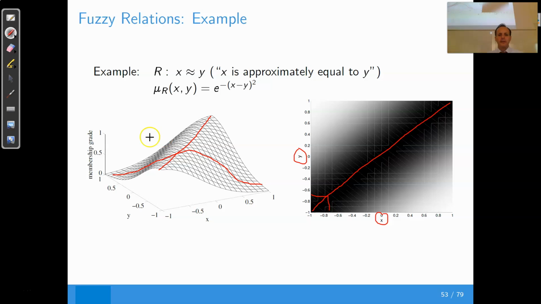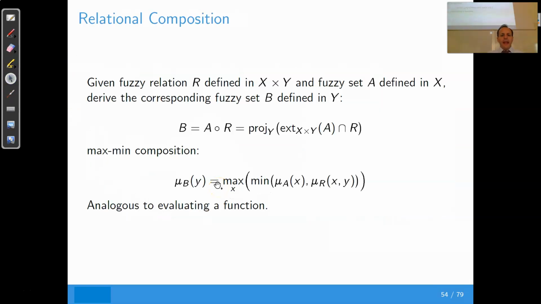So, very simply, a fuzzy relation is a function from a multi-dimensional space to a one-dimensional space. And we will use the concept of this relation for the design of a fuzzy model.